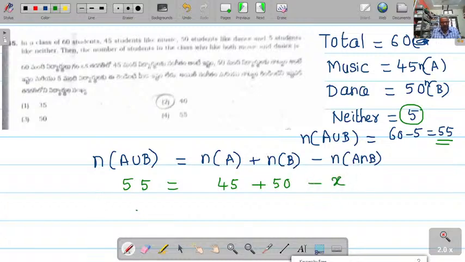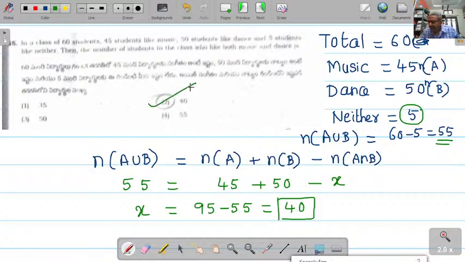Bring x this side. x is equal to 50 plus 45, 95, minus 55. So that will be 40. So 40 students are proficient in both music and dance. Second option is the right option. Yes, option 2.